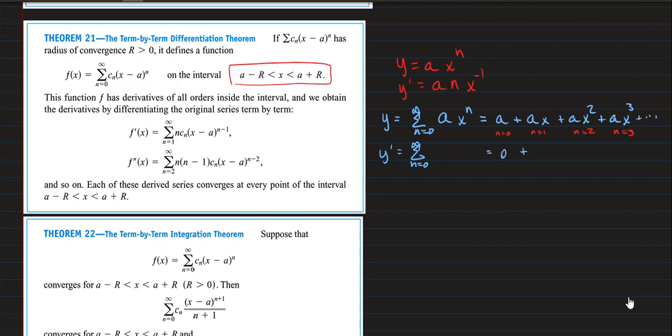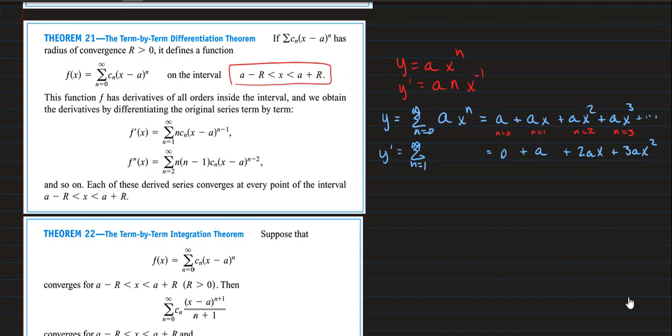The derivative of a times x is a. The derivative of a times x squared is 2ax. The derivative of ax to the third is 3ax squared. Agreed?